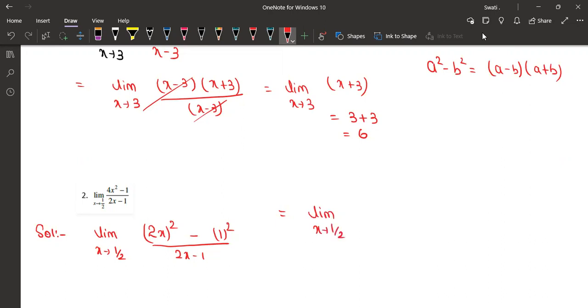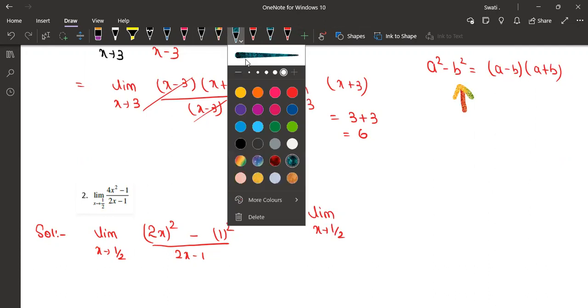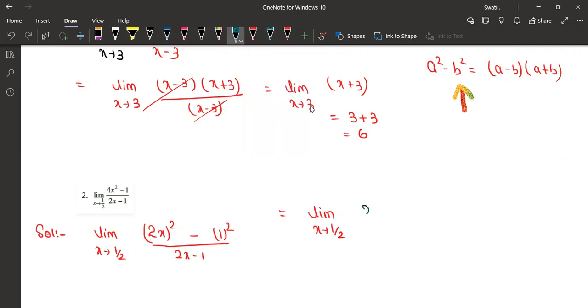And then again, in the numerator, we have the same formula, that is a square minus b square, that is a minus b, a plus b. So using that formula, of course, this will become 2x minus 1 times 2x plus 1, and then upon 2x minus 1. Now, of course, this 2x minus 1 will get cancelled.